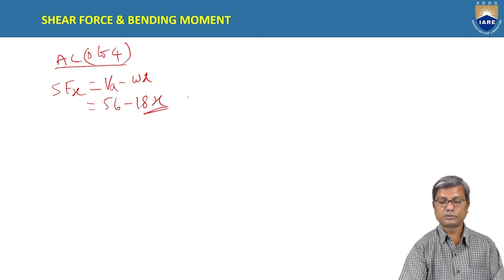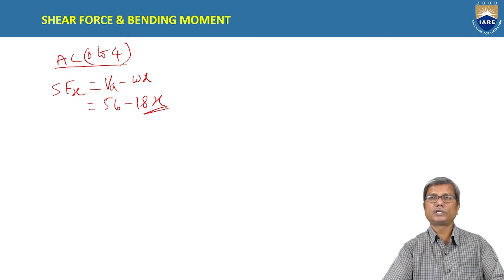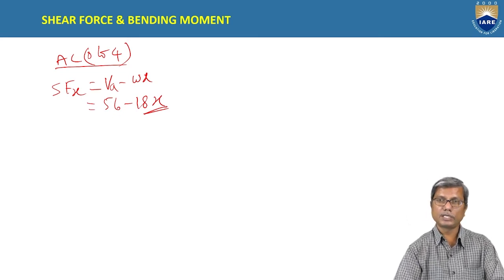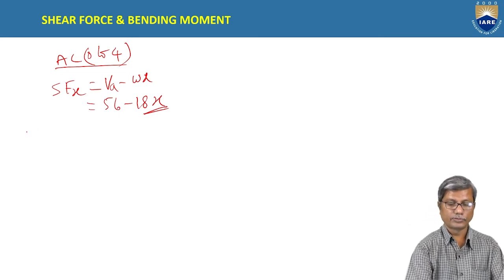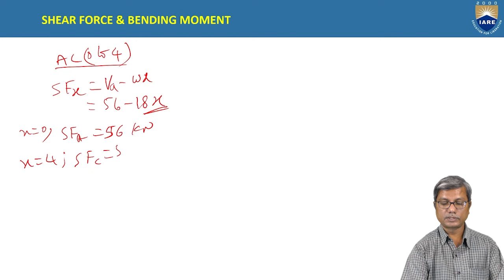So if you observe, the shear force depends on X. Here X defines the position of section between A and C. So substituting X equal to 0, you will get shear force at A as 56. And substituting X equal to 4, you will get shear force at C as 56 minus 18 into 4.